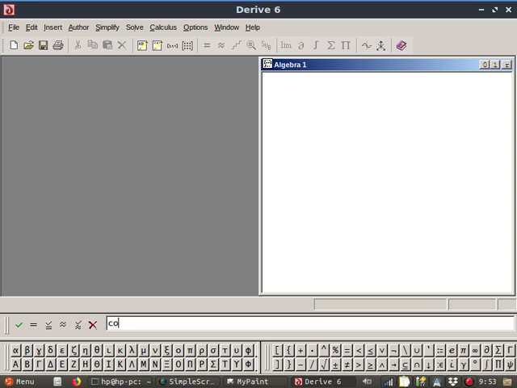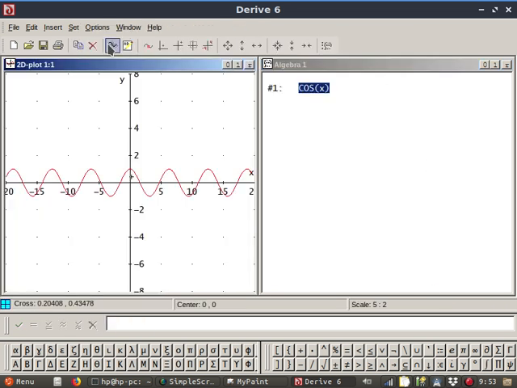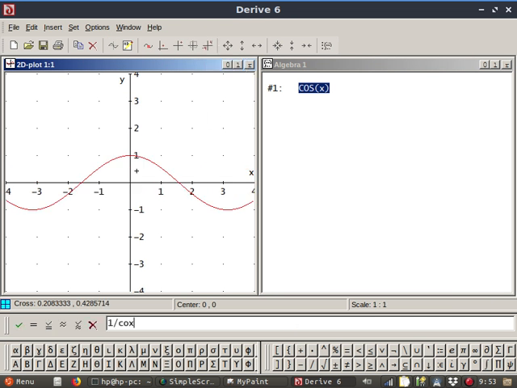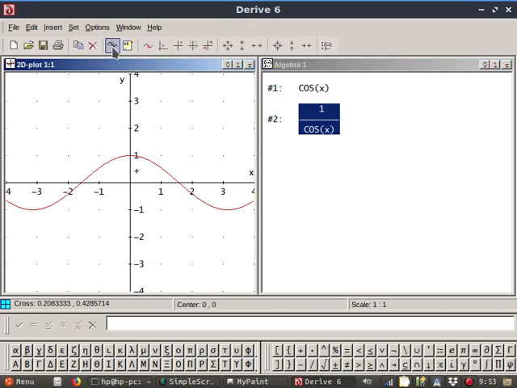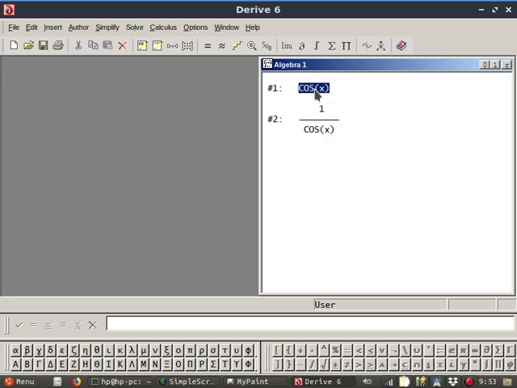Okay, so let's look. Here was cos x. Then what was next? 1 over cos x. We did that next. Oh no, I should have drawn sine, not cos.